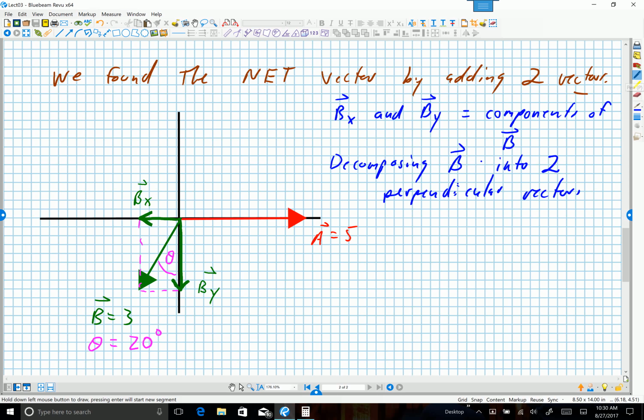Why do I want to do that? It seems like I'm making my problem more complicated. I'm taking one vector and making two. I've now got three vectors to add together instead of two. That's true. I'm making some complexity, but I'm also making some simplification because look, vector bx is in a straight line with vector a. I can add those two together. That looks like the second problem we did up above.